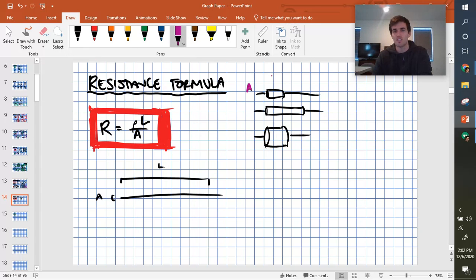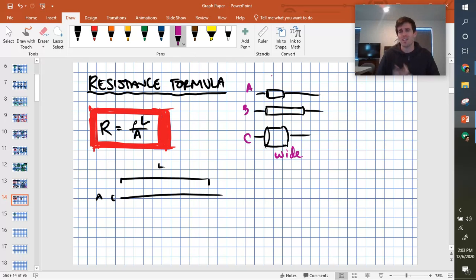So I have drawn here a couple different resistors. We'll call these resistors A, B, and C. You're quite likely to be asked questions about ranking or comparing these different wires. What we should recognize right off the bat is that this one here is very wide.